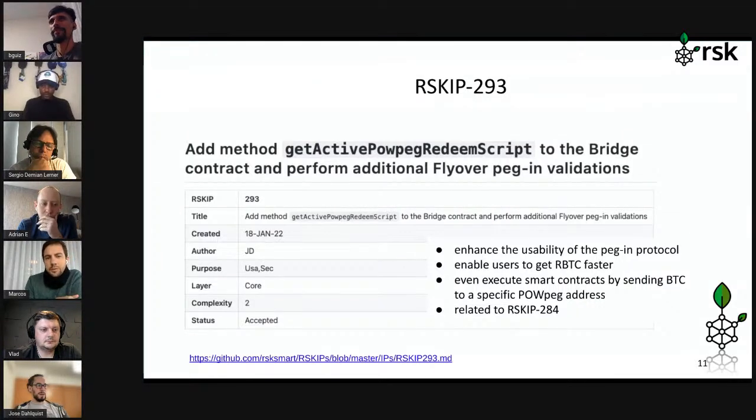Yeah, I have a question for you, Jose. Regarding the previous RSKIP 284, you mentioned having a Bitcoin refund address. Is there any limitation to the type of address that users can use? Like, can it be a multi-sig? Yeah, definitely. There are limitations. Thanks for that question, Marcos. We are not accepting native SegWit addresses. We are not accepting base32 addresses.